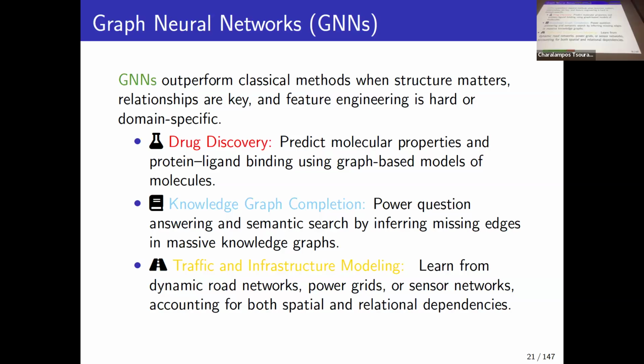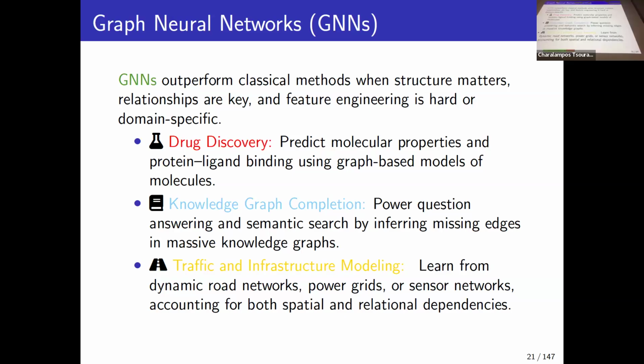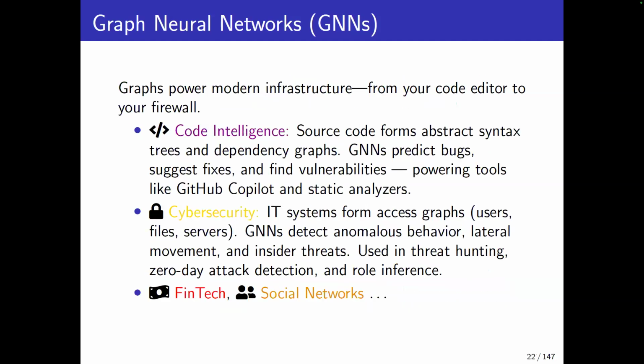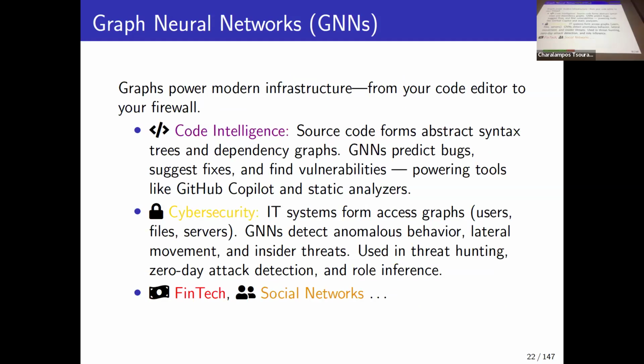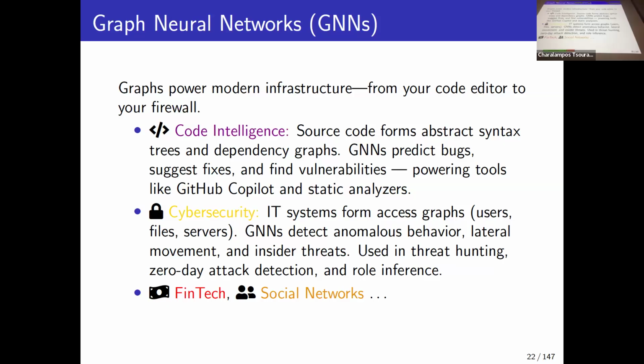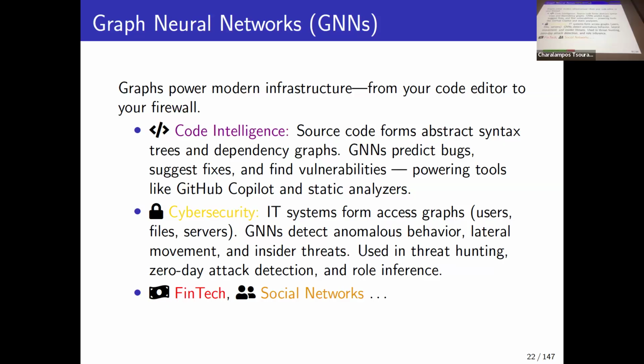They're used in drug discovery, in knowledge graph completion, in understanding traffic on roads. So this can lead to optimizations by making the best interventions. Code intelligence, actually, if you think about source code, it forms syntax trees, right? And these are dependency graphs. So lots of automation in terms of coding, even generating automatically test instances.